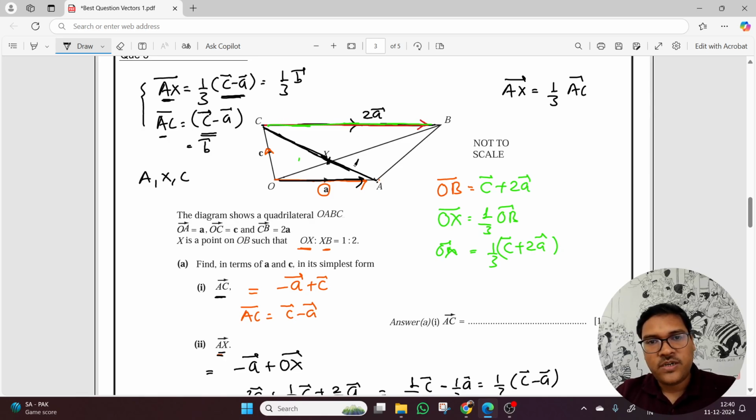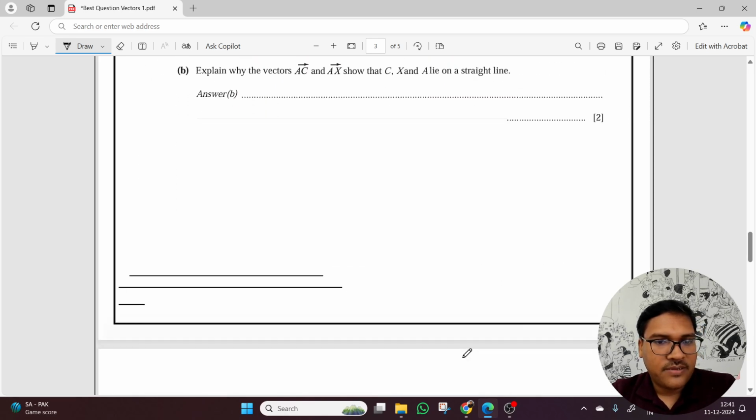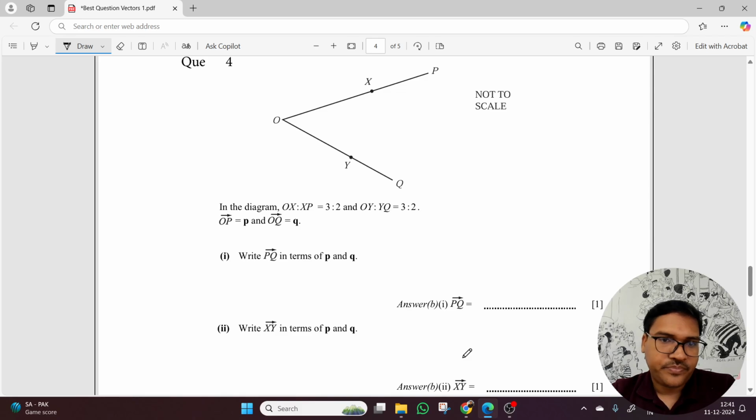So this part is one part and this part is two parts. This is the ratio AX is to XC, which is equal to 1 is to 2. I hope this point is clear. So this is how you can show that these are parallel. These are on the same line.